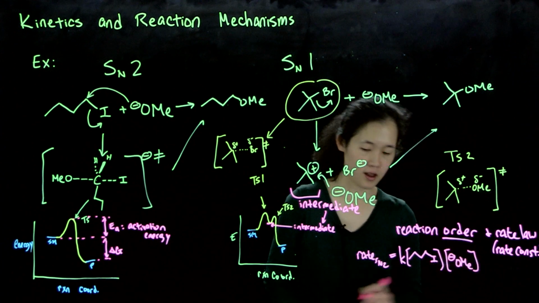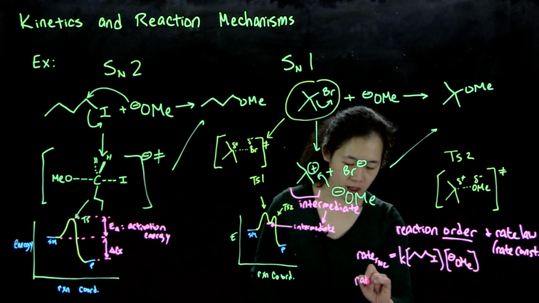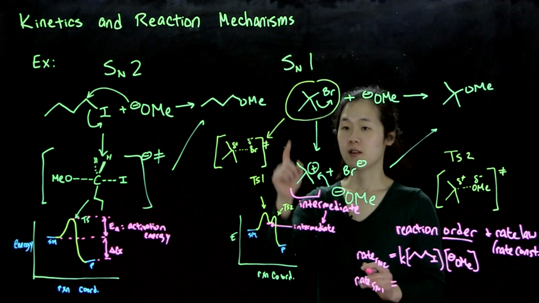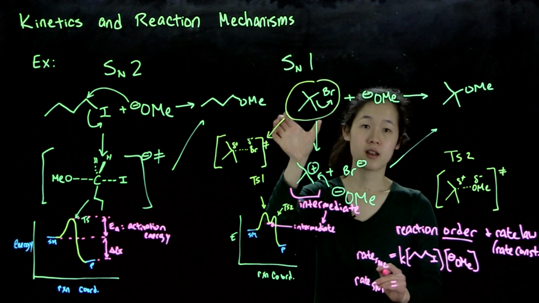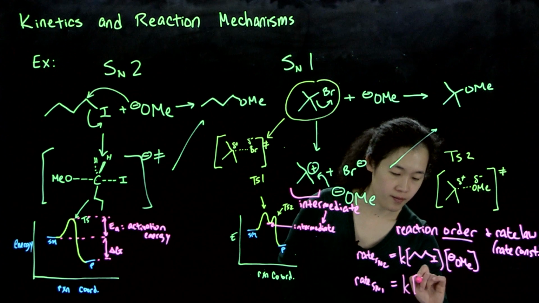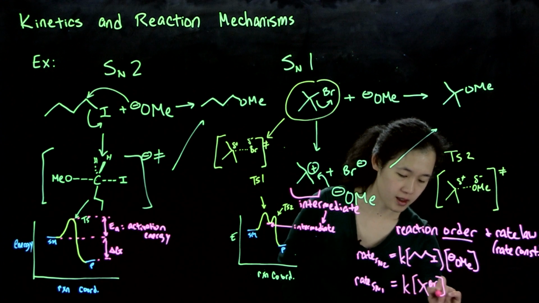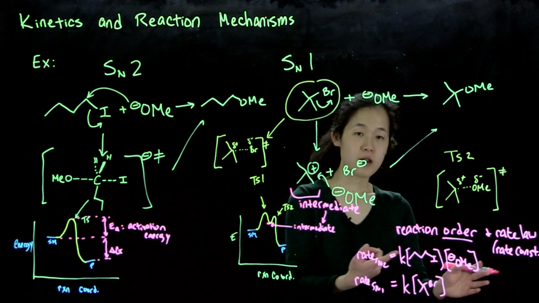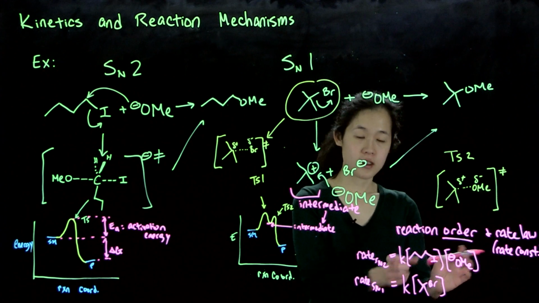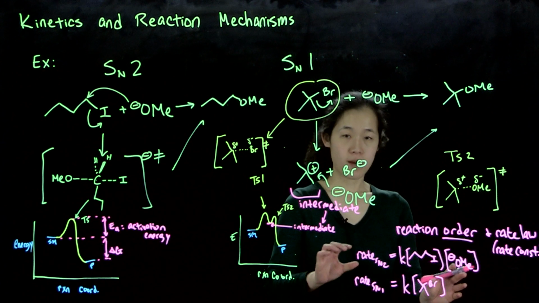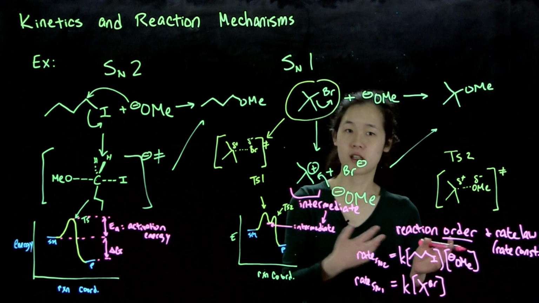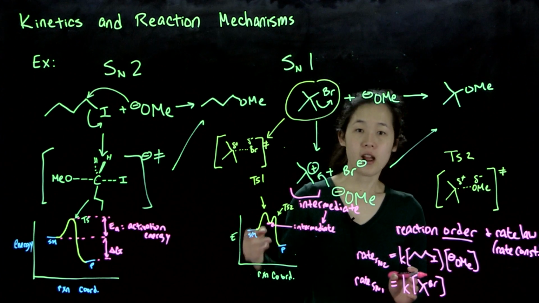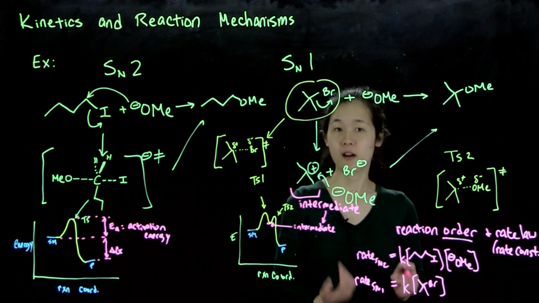In comparison, our rate for SN1, whose transition state 1 is only dependent on the concentration of the butyl bromide, is only going to be dependent on that. We'll discuss this more in subsequent videos, but this is called a second order reaction for SN2, because we have two things, and this is called a first order reaction. So by measuring kinetics, that is, how fast the reactions go under different conditions, we can distinguish these two mechanisms and get information about the transition state and our pathway for how reactions proceed, and therefore elucidate mechanism.